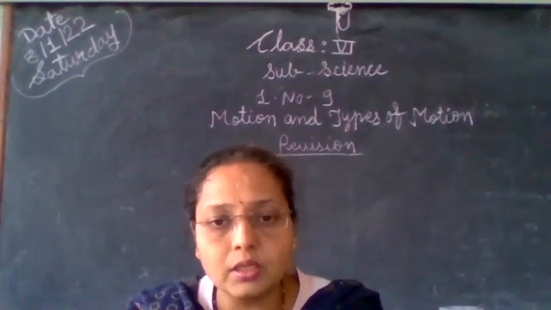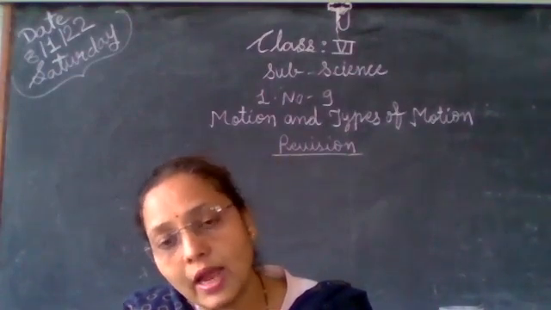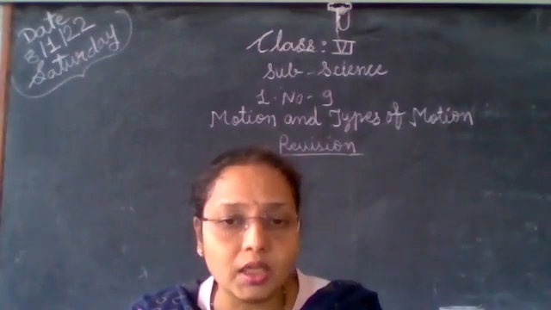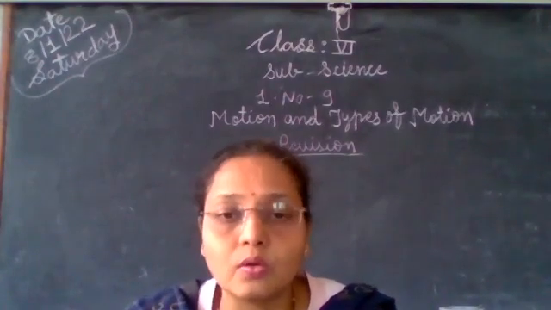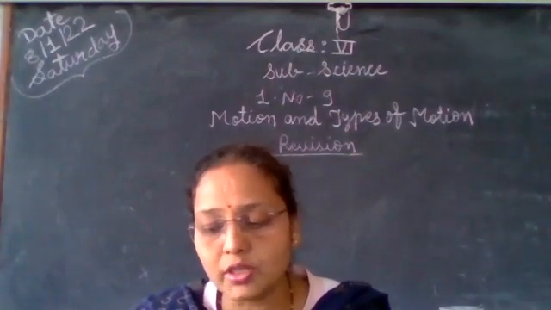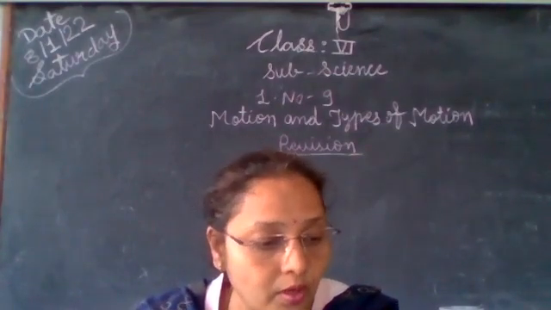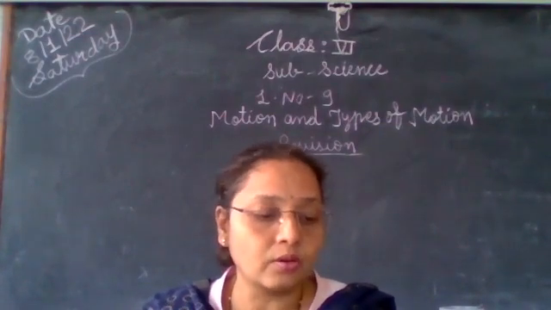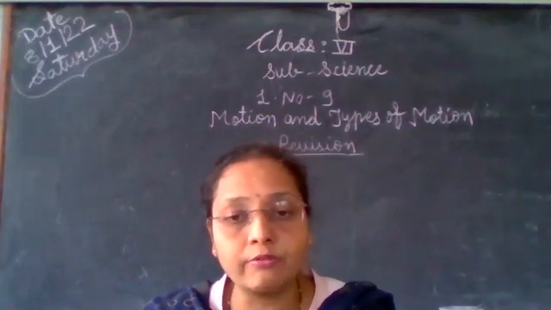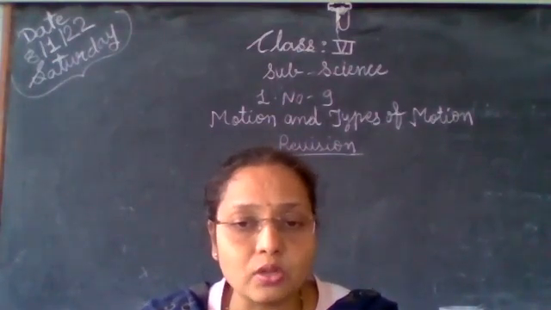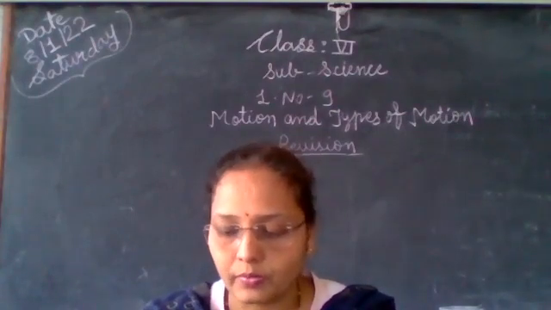Examples of random motion are the motion of a bird, chasing a butterfly in the garden, or honeybees moving in a garden.